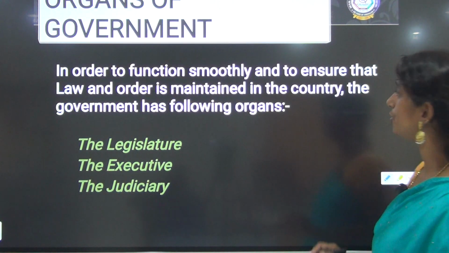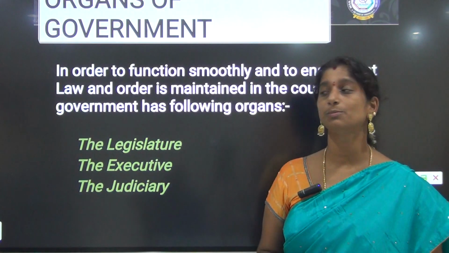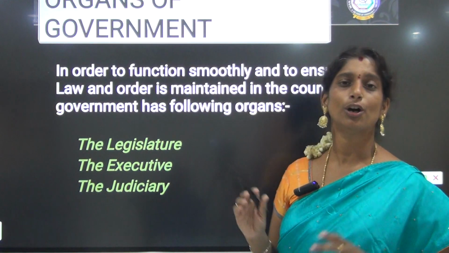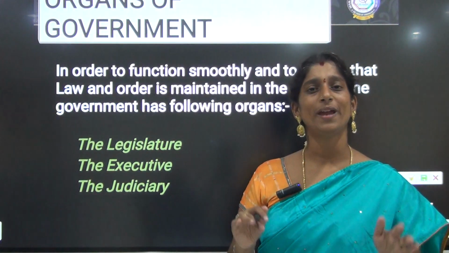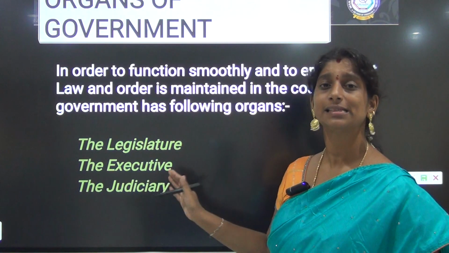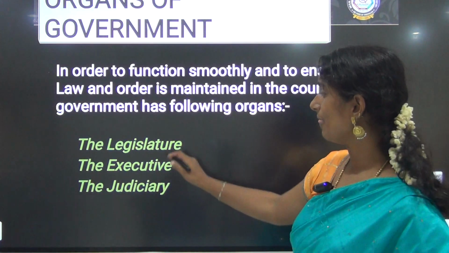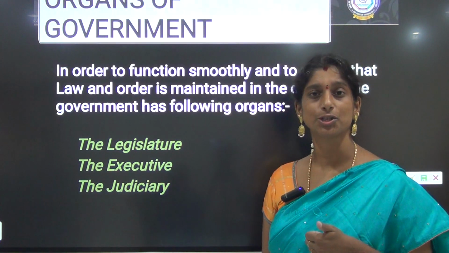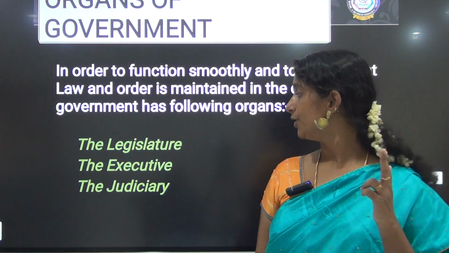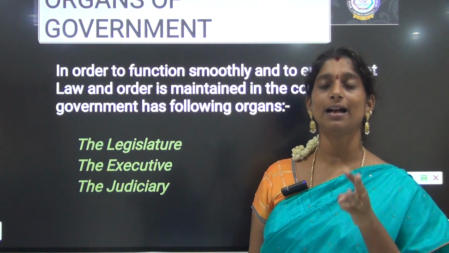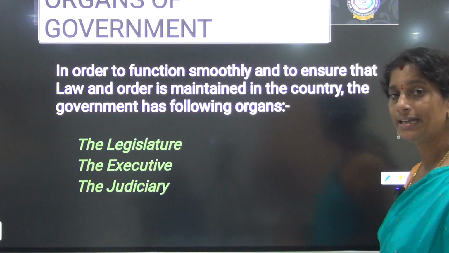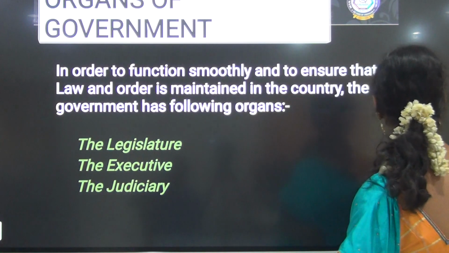Because to ensure that the law and order is maintained all over the country smoothly and everything goes on with proper functioning, these three organs of government are there. The first thing is the legislature, then is the executive, and the third one is judiciary. So these three are the organs of government. So we will see in detail about the organs one by one.